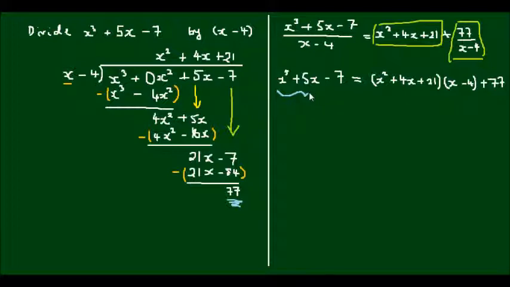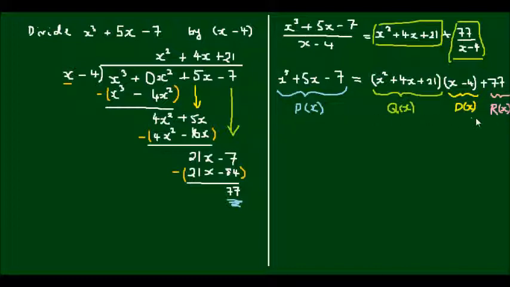I'm going to call this term p of x, p for polynomial. This term I shall call q of x, the quotient. This term I shall call d of x for divisor. And finally this term I shall call r of x, r for remainder.